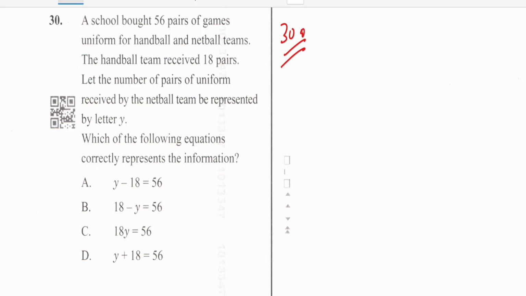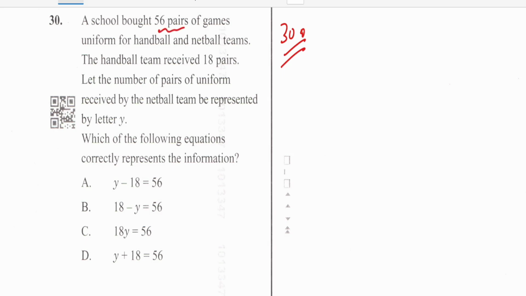A school bought 56 pairs of games uniform for handball and netball teams. The handball team received 18 pairs.